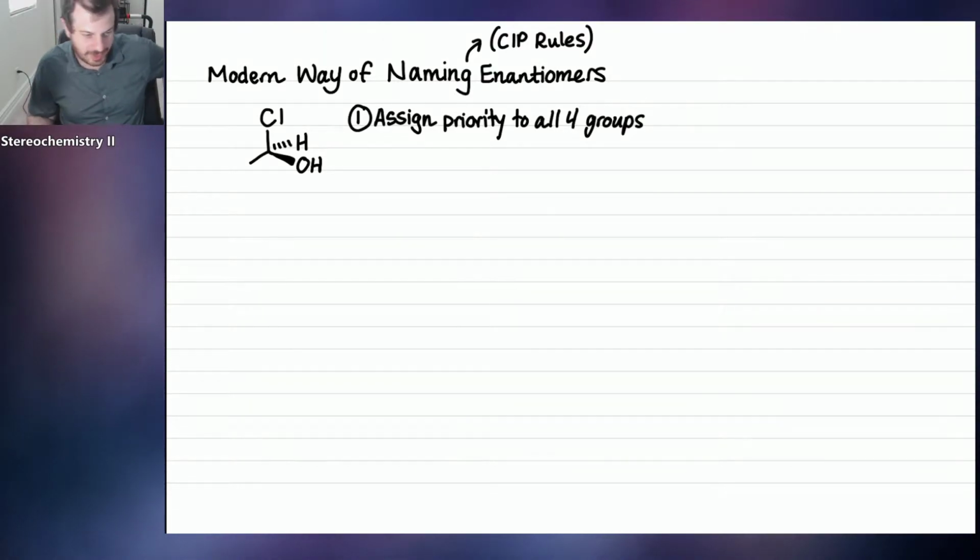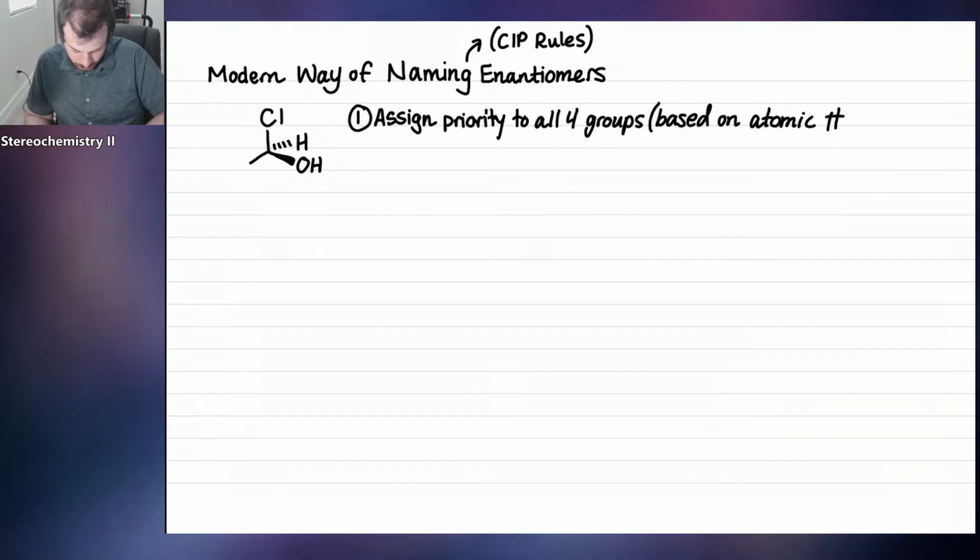Okay, so let's go ahead and do that. And remember, the priority is based on atomic number. The higher the atomic number, the higher the priority. So looking at our molecule, we can go ahead and quickly assign priorities. Chlorine has the highest atomic number of all the atoms connected to that central carbon, so it's going to get priority number 1.